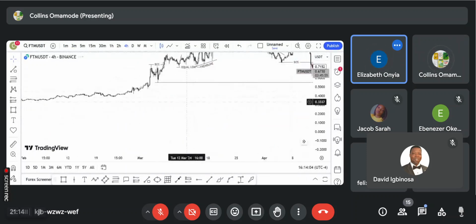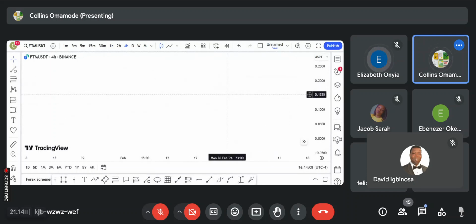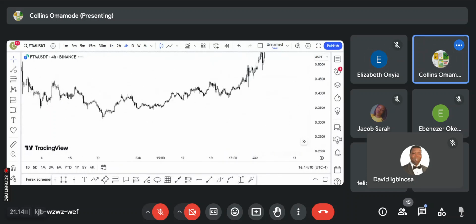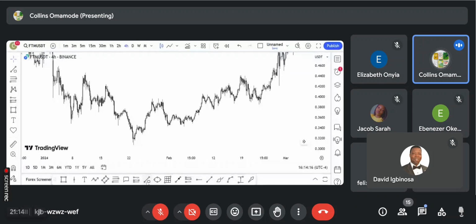Let's just look out for other ones. That trend line here, trend line.